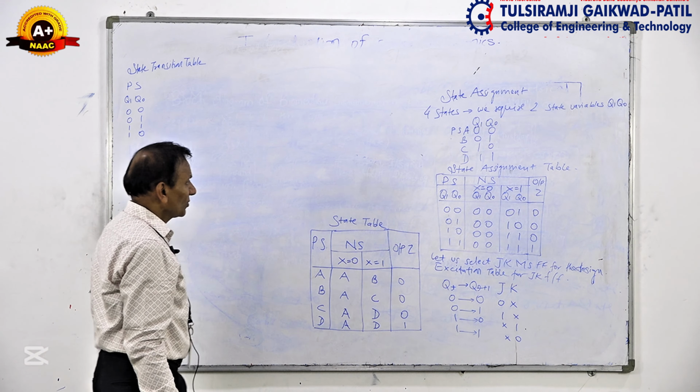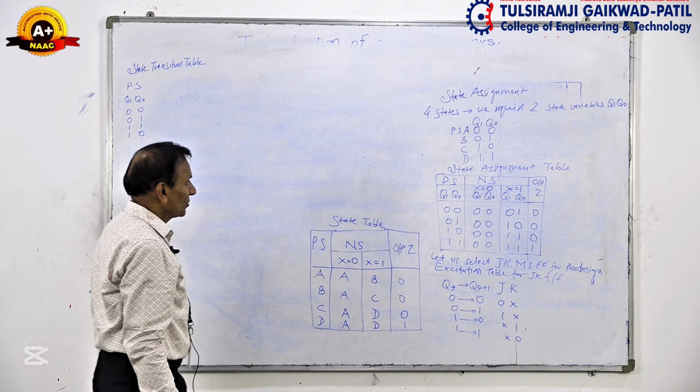Then we will have next state, one for x equal to 0, another for x equal to 1. So Q1 Q0, Q1 Q0, it will be all 0 0 here. Here it will be 0 1, 1 0, 1 1, 1 1.